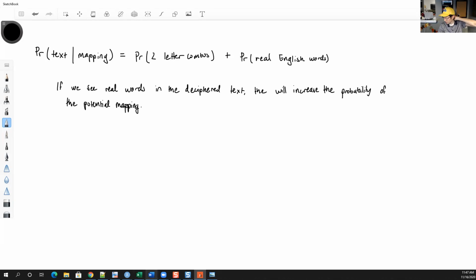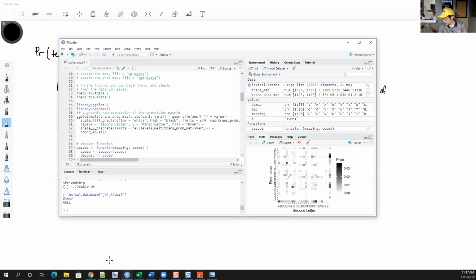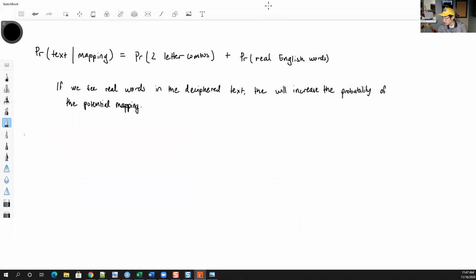So let me show you. This will be achieved with the assistance of something called a lexical database. I have a lexical database, which is basically a listing of words.